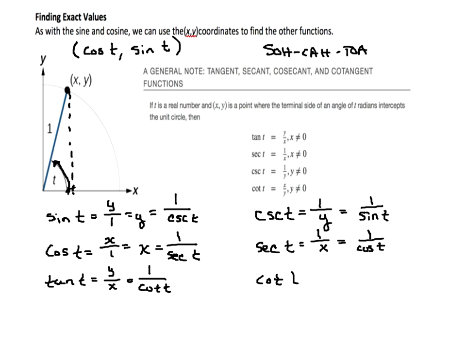And cotangent is reciprocal to tangent, so x over y, or 1 over the tangent. Okay, so we'll move forward from here and start using this information.